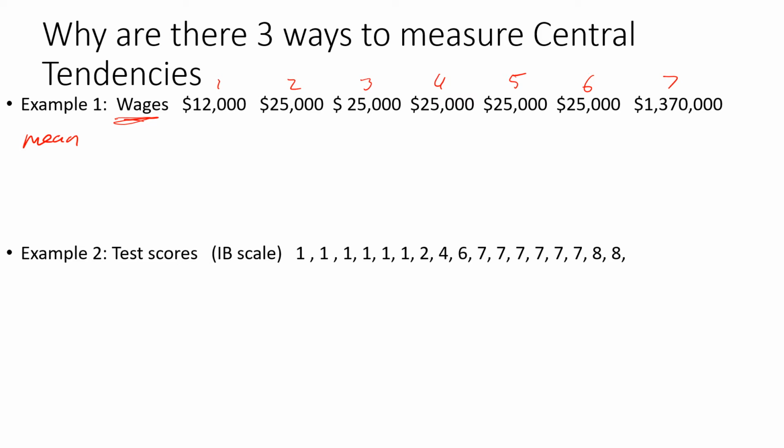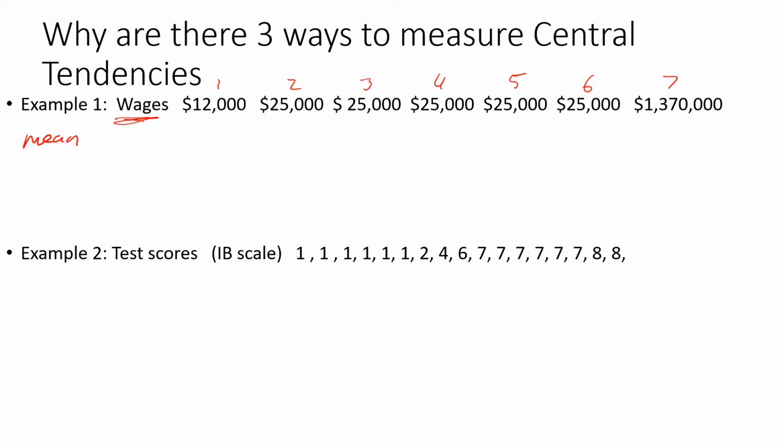So we're going to go 12,000 plus 25,000. So how many people do we have? 1, 2, 3, 4, 5. 5 people making 25,000. And then we're going to add that to the 1,370,000.